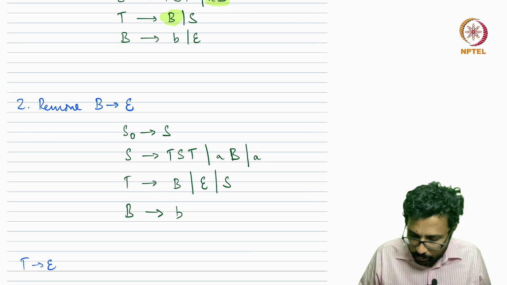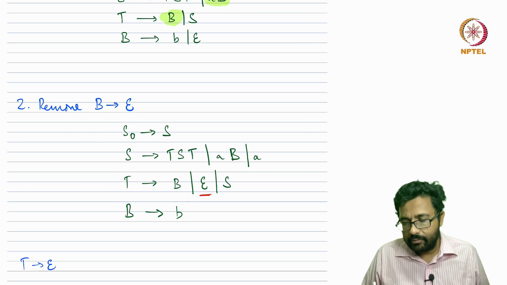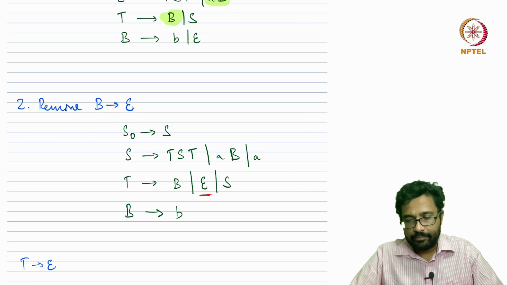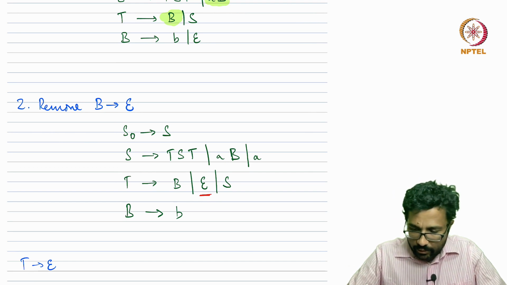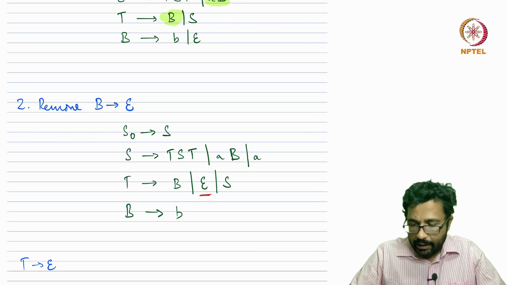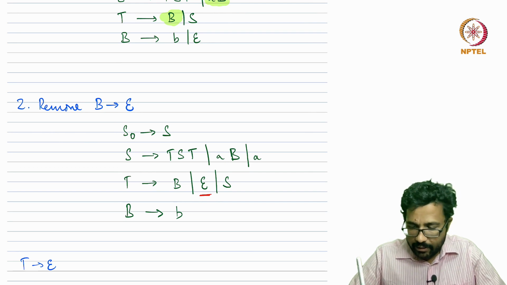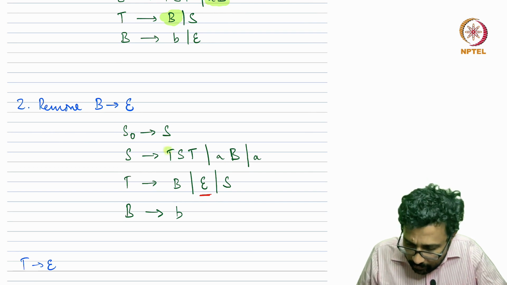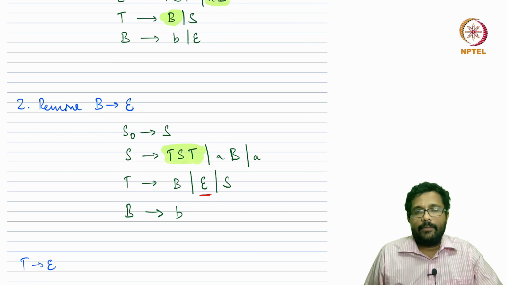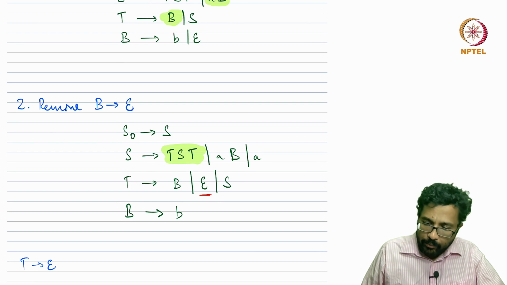So now we have successfully removed B goes to epsilon, but we have created a new issue. We have this epsilon now, a new epsilon rule. So now I have to remove this, and there is only one place where T appears on the right hand side, which is this TST, and I have to modify this rule.